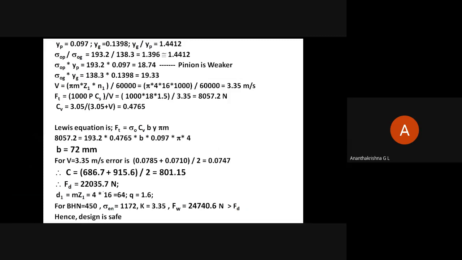Anybody getting a different answer? For V equal to 3.35, I have taken the average of the 0.3 and 0.4 values, which comes to 0.0747.